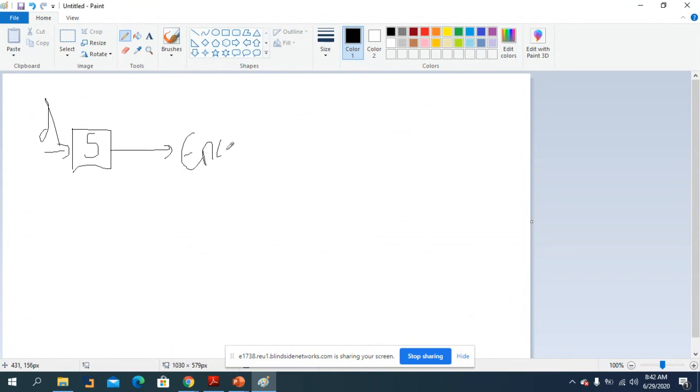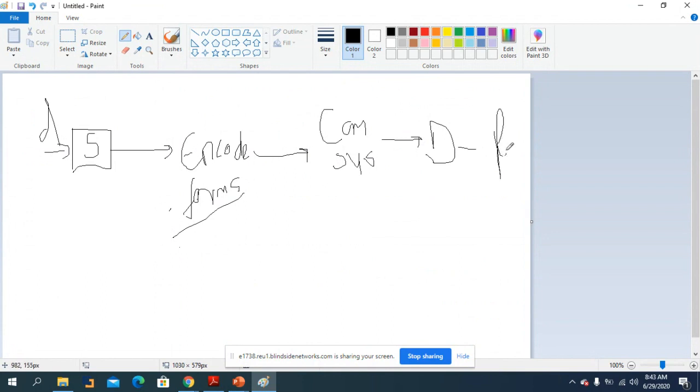When you encode, we are creating some forms of communication. We are organizing the data that is supposed to be communicated. Then we use what you call communication systems. Then from the communication system, we use what you call a decoder. We decode. Then from that, there is the receiver.